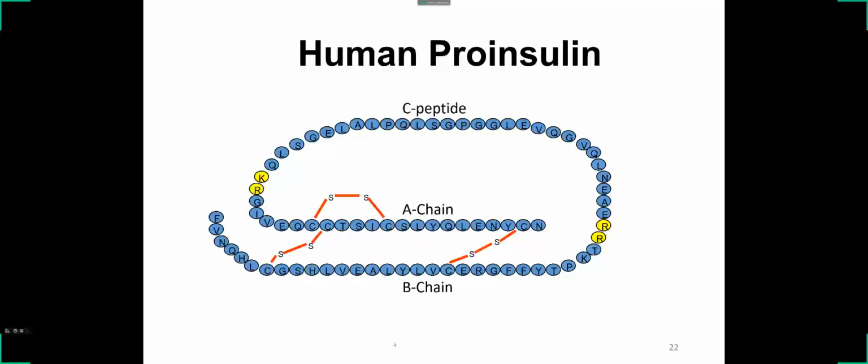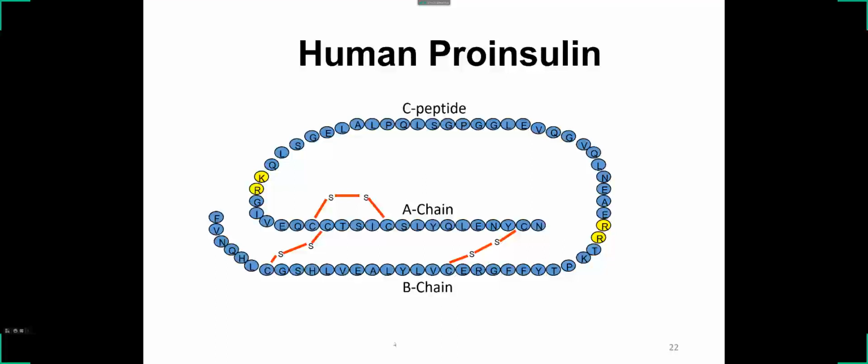So, what do these look like in terms of where the disulfides are forming in the primary sequence? And this is a part I just wanted to highlight: the B chain is made first, right?